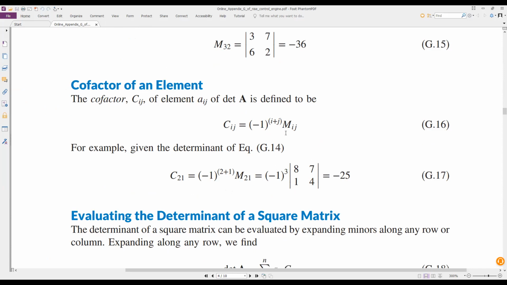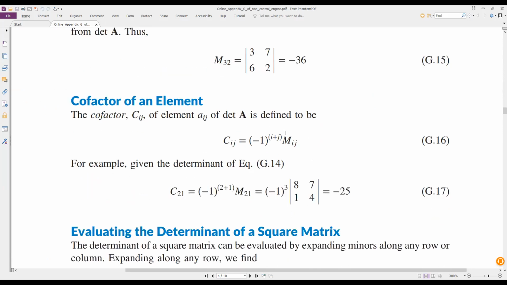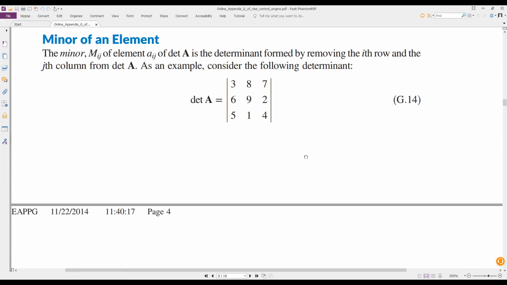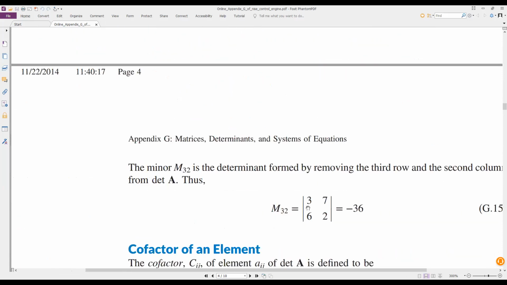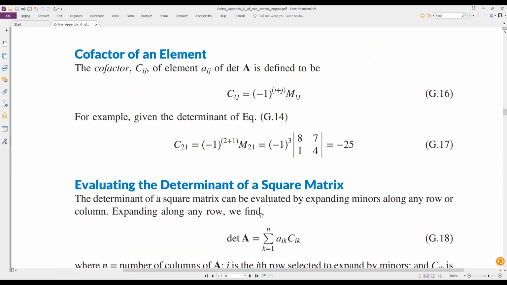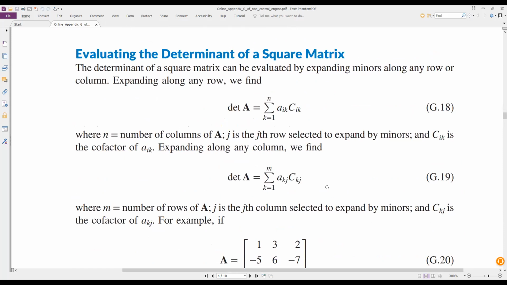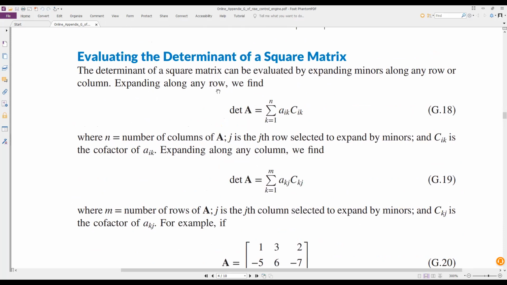Okay. So we have seen how to calculate the minor of an element as well as the cofactor of an element. Okay. And evaluating the determinant of a square matrix, how to calculate it?